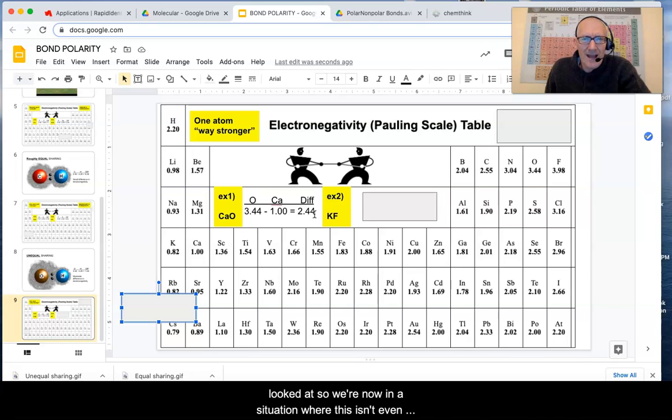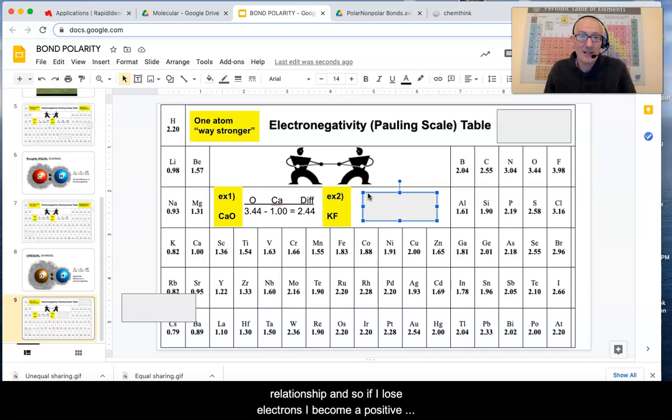So we're now in a situation where this isn't even a fair game. This is like the horse pulling on all of those people. The people were never going to win. In this case, oxygen is just so good at pulling electrons towards it that it really just takes the electrons from the calcium. There's no sharing here. This is a straight up stealing relationship.